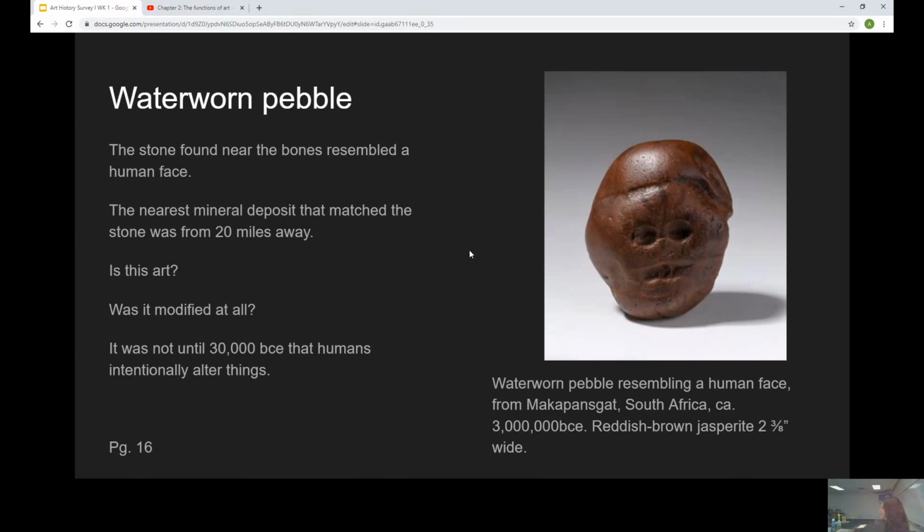Which means that this ancient person found this stone, most likely picked it up, noticed that it had human-like facial structure, and kept it and traveled with it about 20 miles, where they ended up dying in a cave.